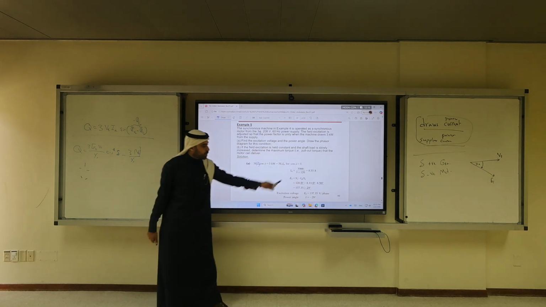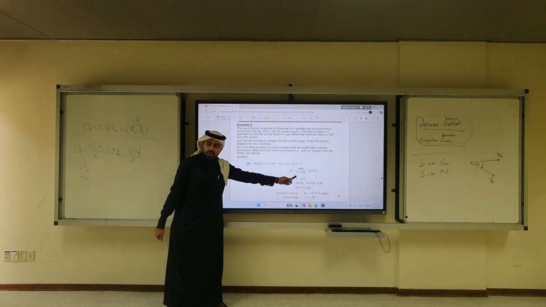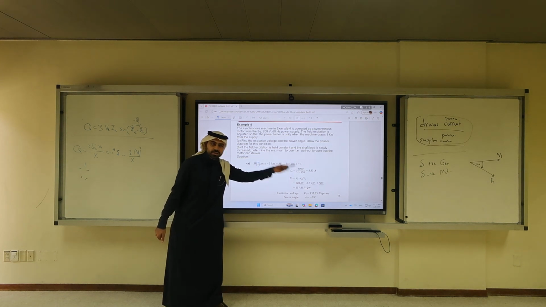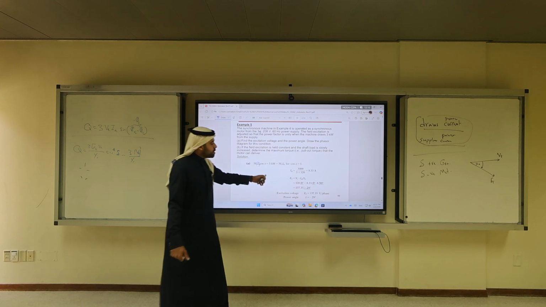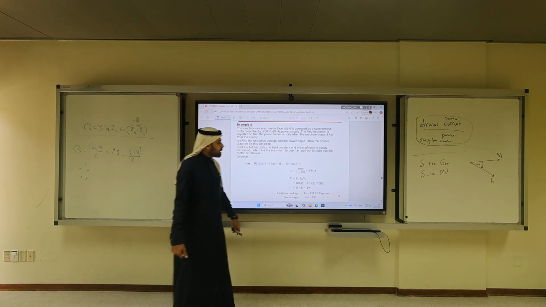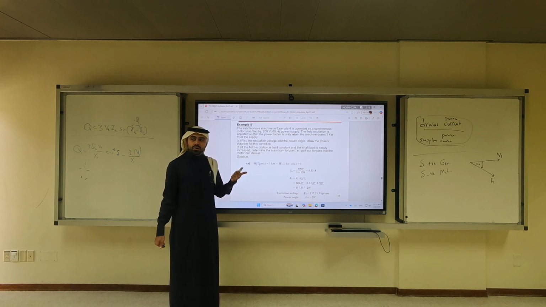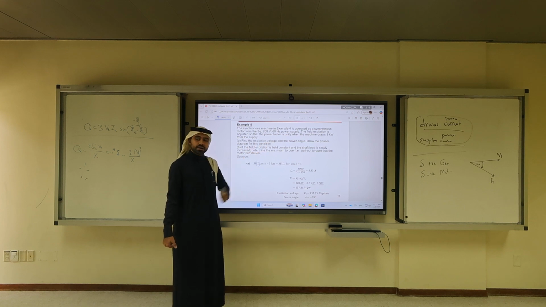In your home, should you multiply by 3? In your home, it should be power over 220. Okay? Unless you have the old 120. So the current is 8.33 amp. We still need to know the angle. What is the angle of the current if we operate at unity power factor? 1.